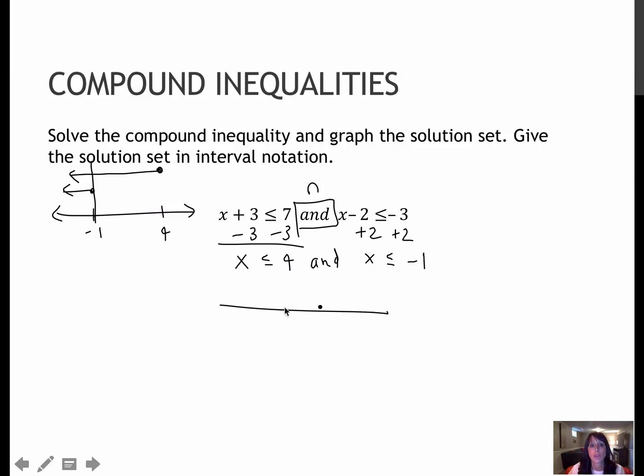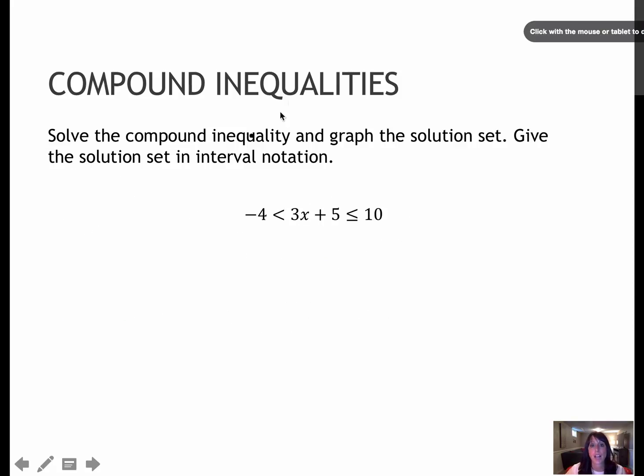So my official graph would be a closed circle on -1 shaded to the left. Oops, I did that wrong. Oh, you get the idea. A closed circle shaded to the left would be my graph. My solution set in interval notation would be from -infinity all the way up to -1, including -1. You can never contain infinity.